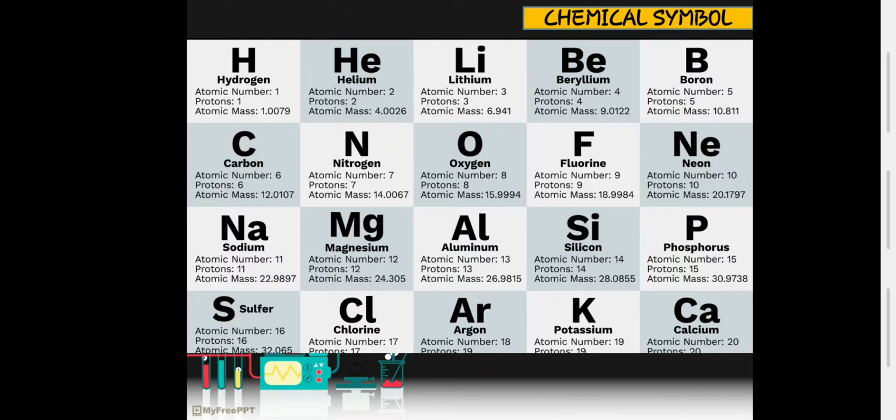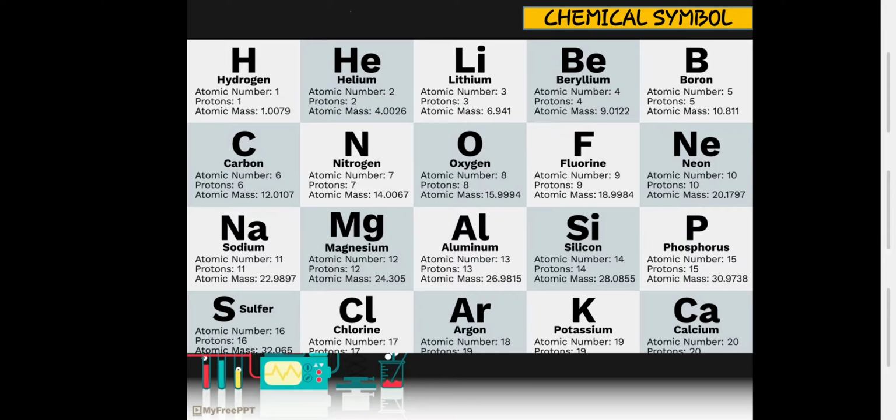This is a representation of the chemical symbol of an element. H is for hydrogen, He is for helium, Li is for lithium, Be is for beryllium, B is for boron, and so on and so forth. As you can see, there is also a list of atomic number, protons, and atomic mass.